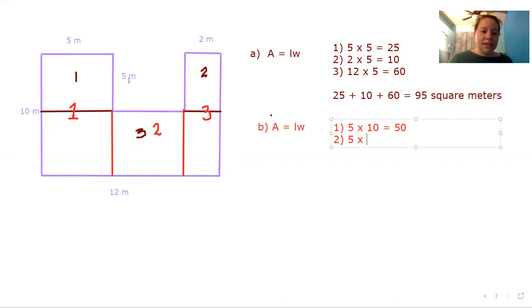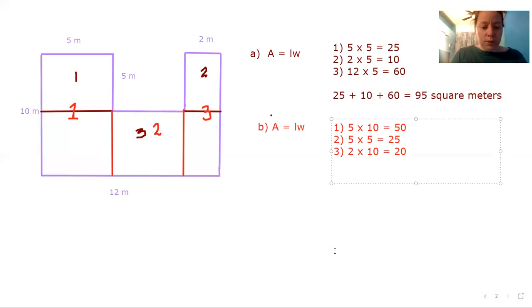10 minus 5 is the length of this. So 10 minus 5 is 5. 5 times 5, so that is 25. And for number 3, it ends up being the 2 at the top times the 10 for the side. 2 times 10, which is equal to 20.